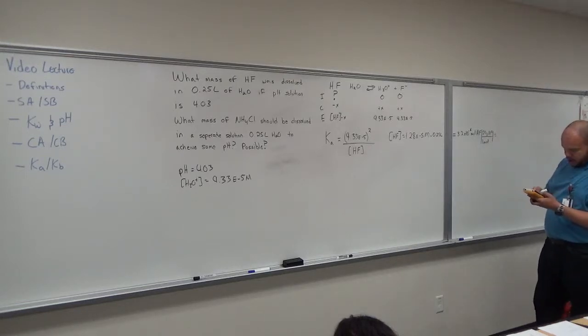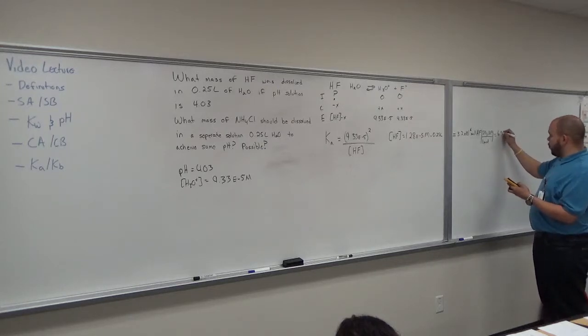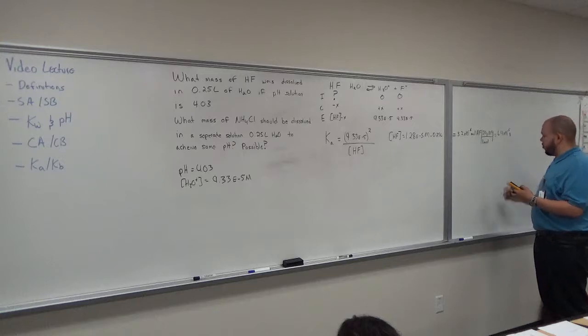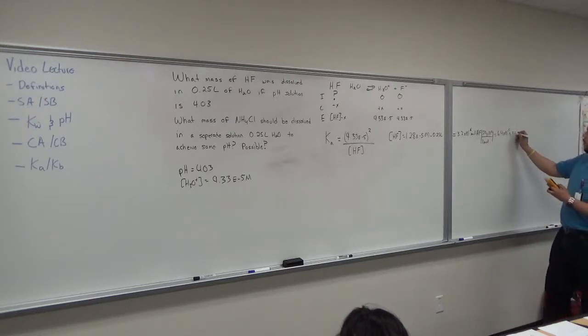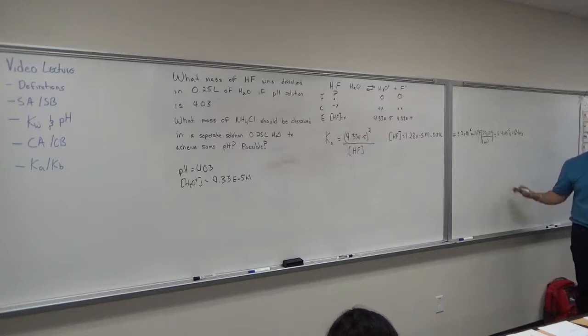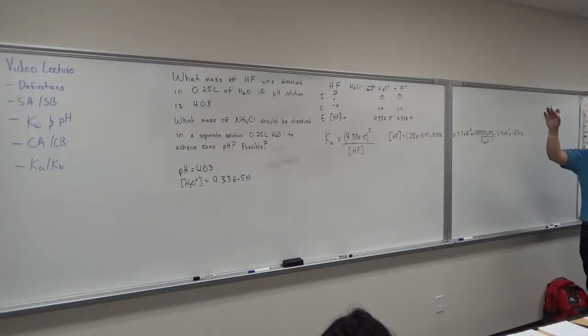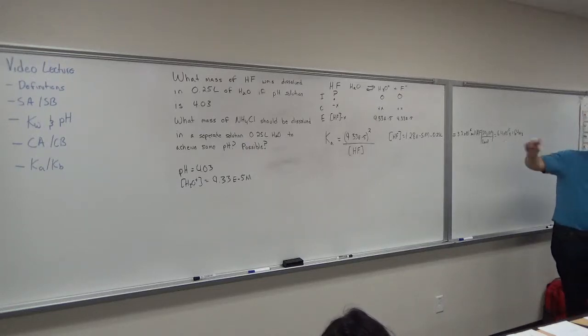And therefore we end up with 6.4 times 10 to the negative 5 grams, or 64 micrograms. So it just takes 64 micrograms to shift the pH from 7 down to 4. That's very little, but that is a function of Ka.